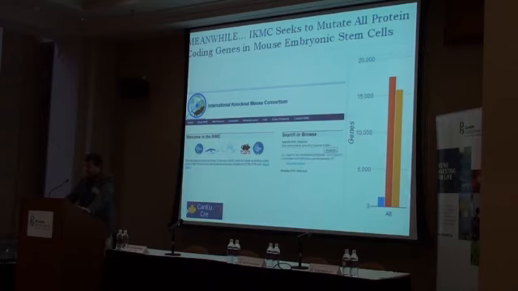Now, coming out of that project and wanting to keep going and moving a little bit more towards tool development, we were looking for partners that we could bring on board that would make our promoters more widely useful. And we developed a very good relationship with the International Knockout Mouse Consortium. So this is a large-scale effort.